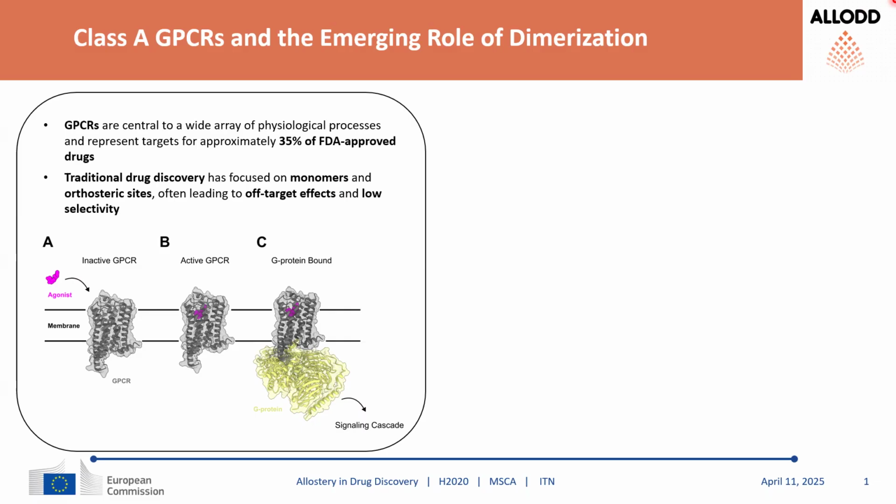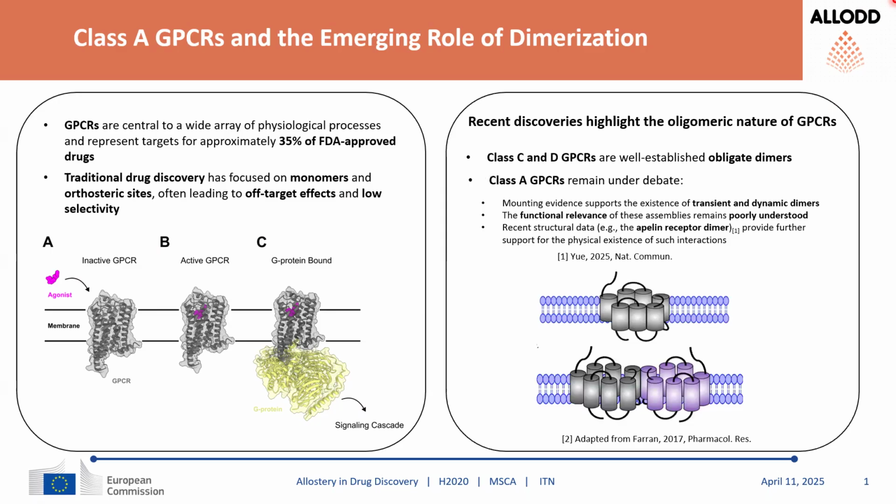And so new research avenues are opening up, and most of them are trying to exploit some allosteric regulation mechanisms. And one possible mechanism is lateral allostery.